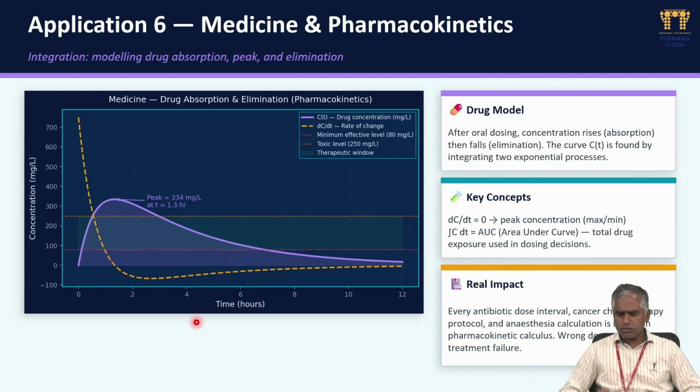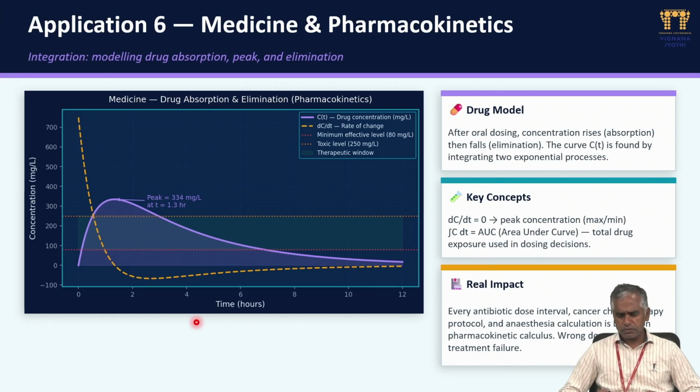After oral dosing, concentration rises, absorption then falls, and the curve C of t is found by integrating two exponential processes. Key concepts: dC/dt equal to 0 gives the peak concentration, and integration of C dt equal to AUC, the area under the curve, which is the total drug. The area under the curve represents the total drug exposure used in diagnostic decisions.